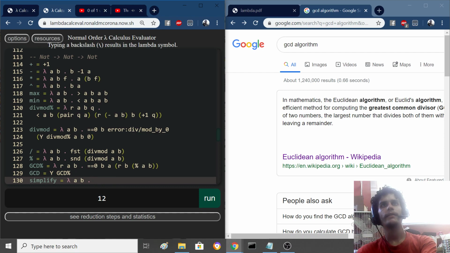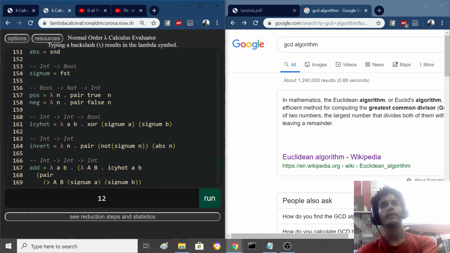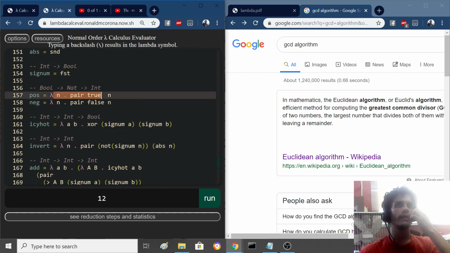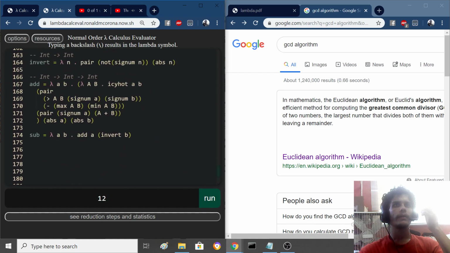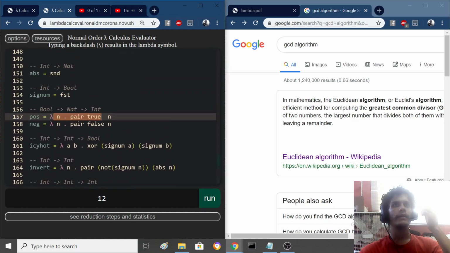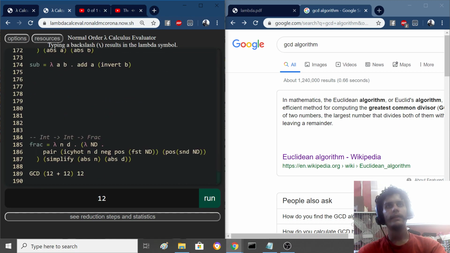Doesn't seem like it. It seems like I could do this for positive and negative as well. Okay. Pause neg. Okay, I think, right, because I have an end here and I have an end there. I think just pair true. Yeah. Let's test it out.